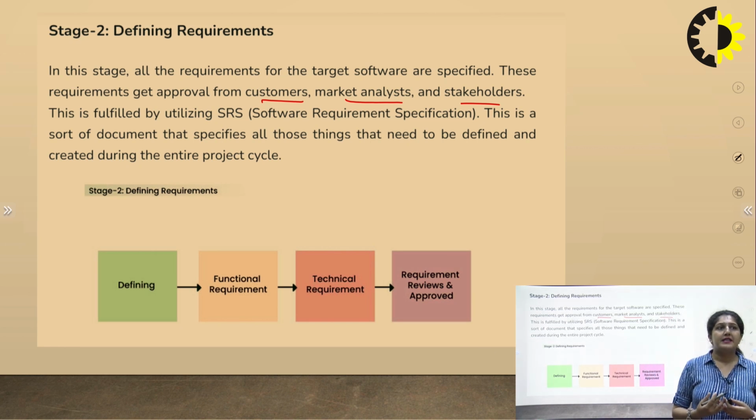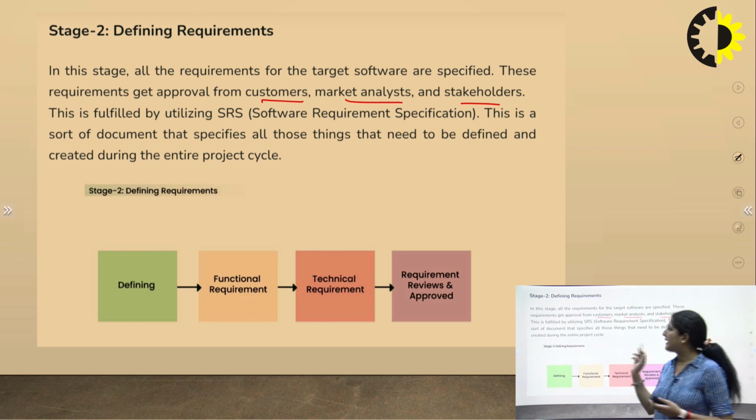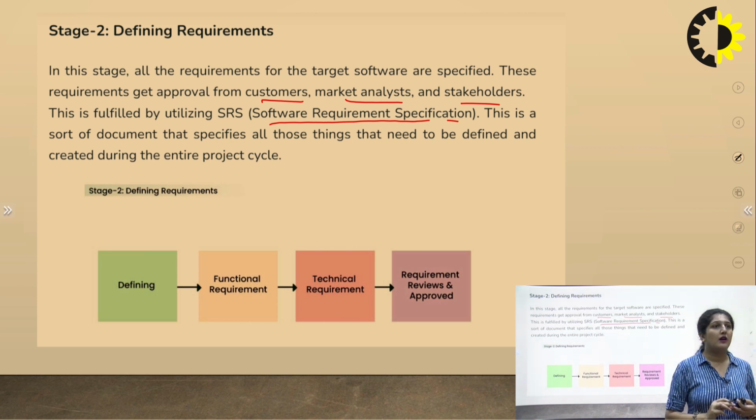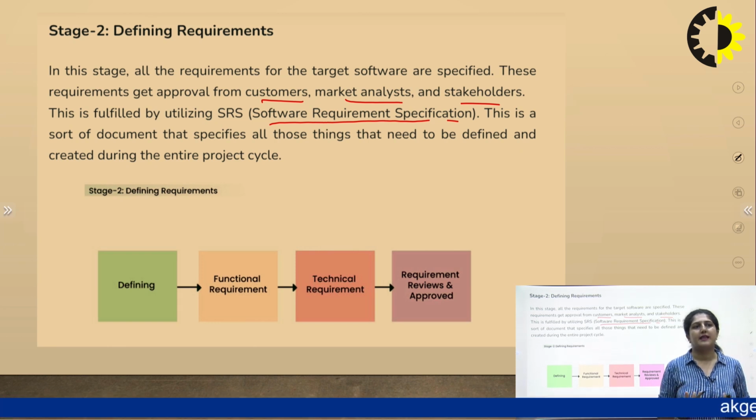So in this, the SRS document, I have told you, software requirement specification, is fulfilled by the utilization of SRS. It is a sort of document that specifies all the things that need to be defined and created during the entire project cycle. So these are the defining processes.